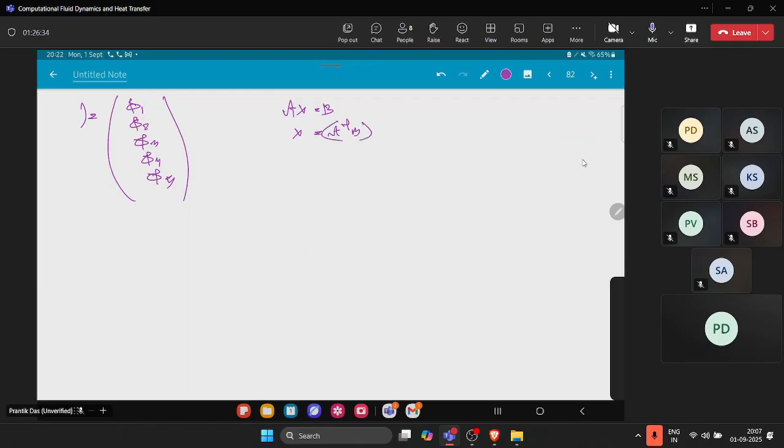So this one is x. Okay. So B is basically 2D plus A phi A, 0, 0, 0, 0, 2D phi B. Okay.